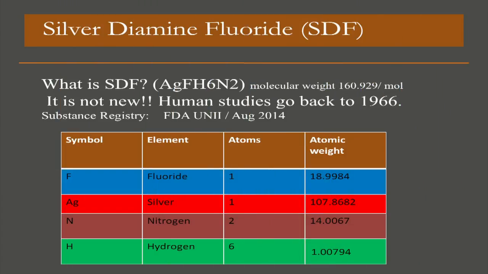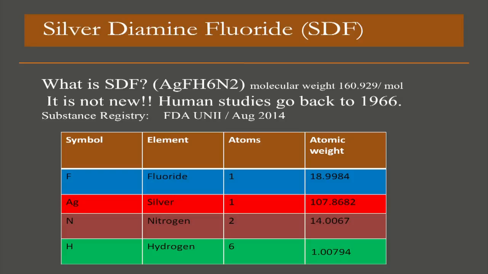Despite recent attention to SDF, it is not new. Human studies go back to 1966, and it was just approved in the United States by the FDA back in August of 2014.